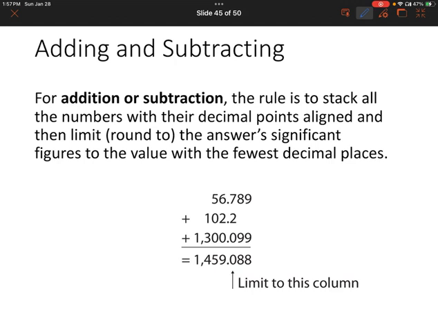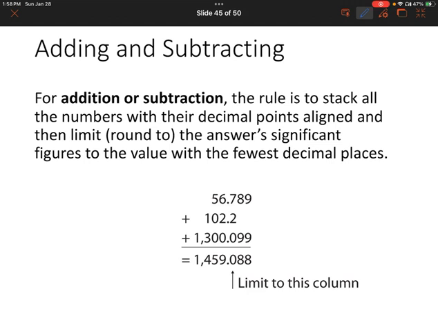So for example, let's say we need to add 56.789 and 102.2 and 1300.099. So we're going to line those up so that their decimal points are all aligned. And then we get our answer, which is 1459.088.